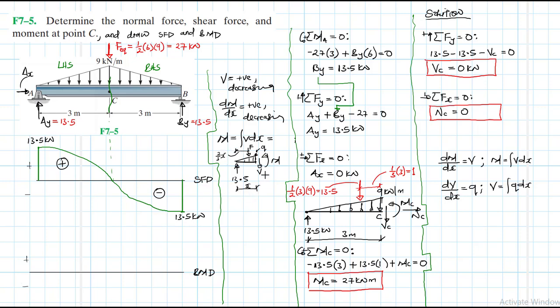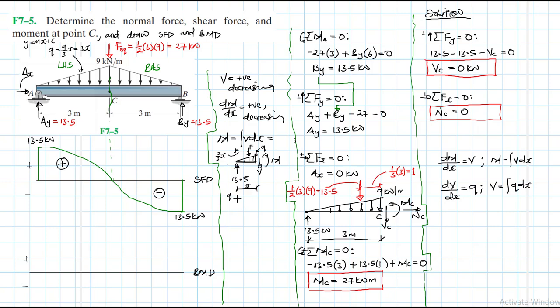Now this q governing this line here, writing it in the form y equals mx plus c, the gradient is the difference in y, which is 9, divided by the difference in x, which is 3, and then we have an x, so therefore this is equal to 3x. So this is the equation that governs the distributed load from A to C.